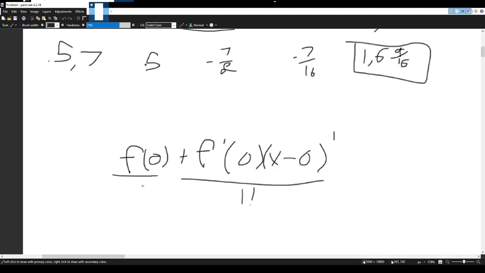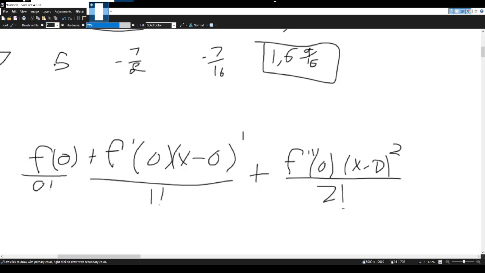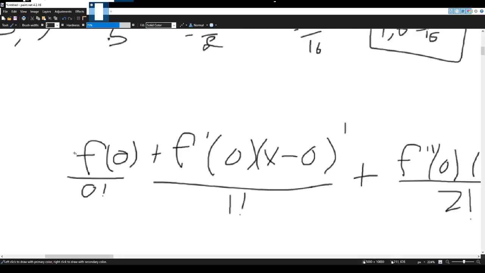You could think of this as (x minus 0) to the 0 divided by 0 factorial, but I don't feel like writing that part. Then, to continue the pattern, the second derivative of f at 0 times (x minus 0) squared, divided by 2 factorial. So we need three values: this value, this value, and this value.